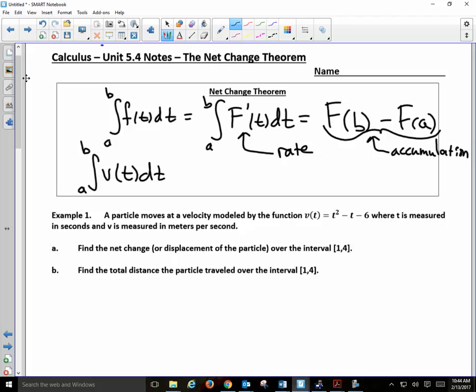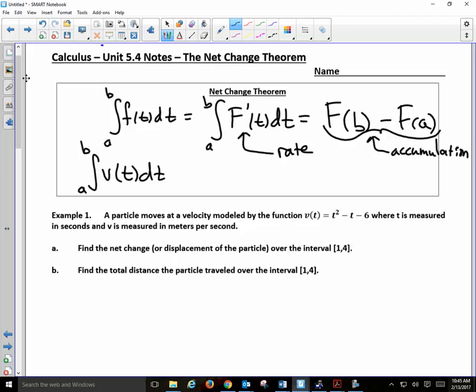What do you take the derivative of to get velocity? Speed and velocity are almost interchangeable. Speed is just the absolute value of the velocity. What'd you say? Acceleration is actually the derivative of velocity.